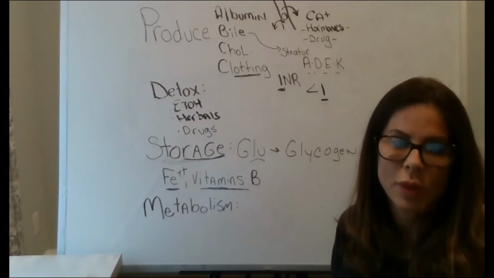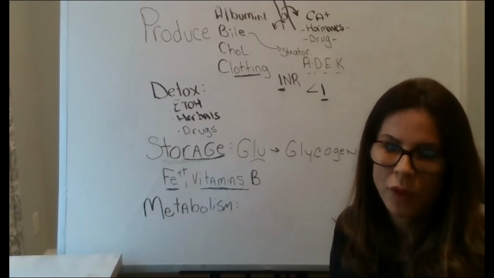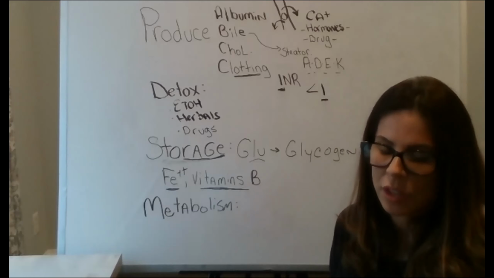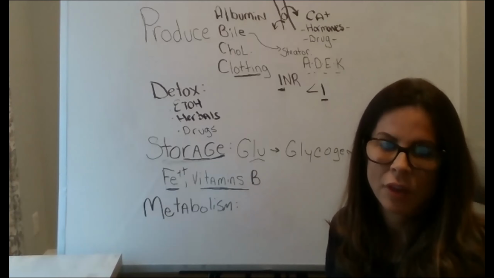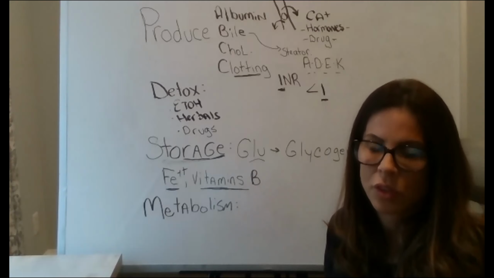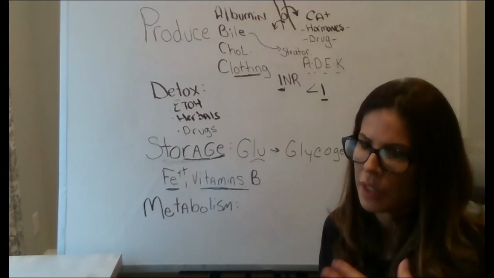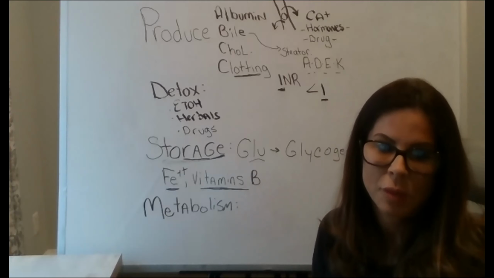So when we need it, we have extra on reserve. I always think about our patients with end-stage liver disease. They start to work with physical therapy and they're down at the end of the hall and then all of a sudden they're hypoglycemic and they're sweating and they're exhausted. And we're thinking, are they deconditioned or is this a blood sugar issue?